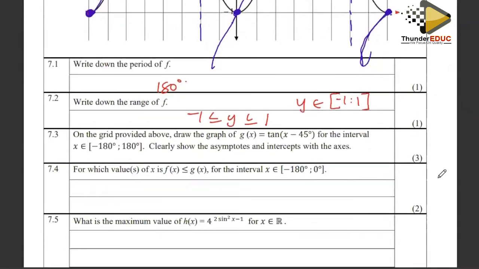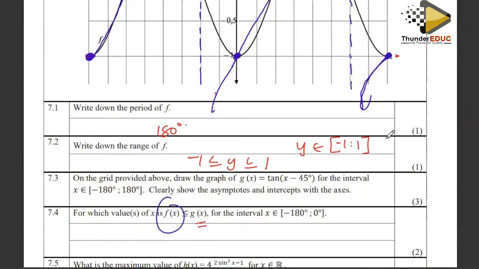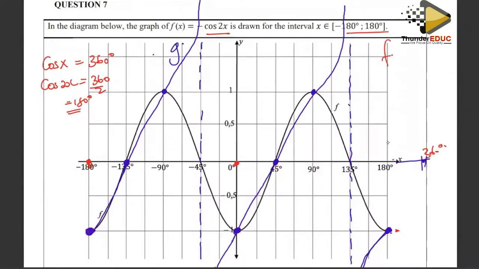All right, then they're asking us for which values of x is f below G of x, between -180 and 0. They said f of x is less than G, meaning that f needs to be below G. So where do we find the graph of f to be under G?